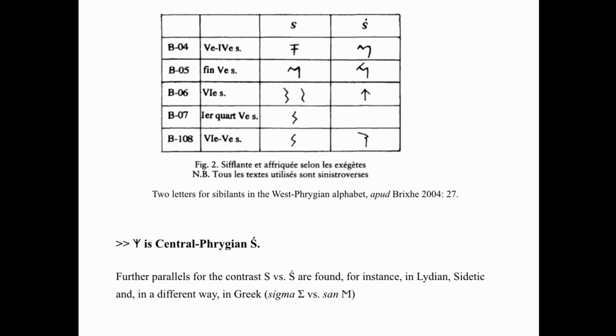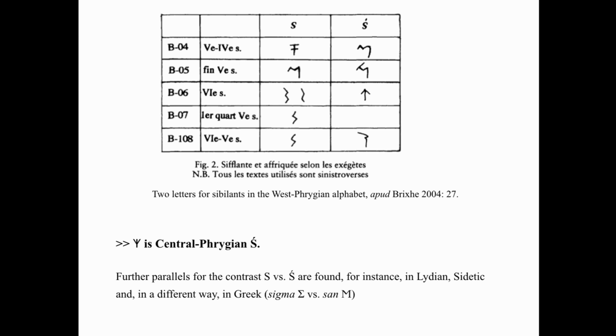So I would conclude that the evidence is not especially rich, but still quite sufficient to conclude that we are dealing with a letter corresponding to a sort of emphatic S, probably first of all palatal S, but not only, probably just a different sibilant.